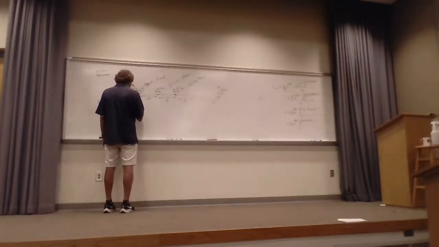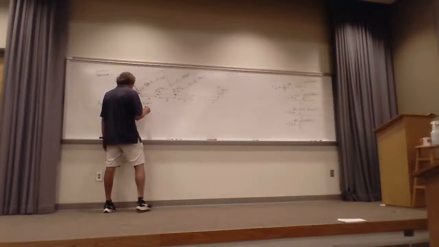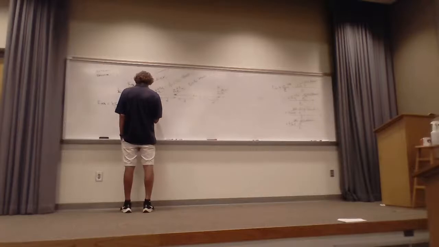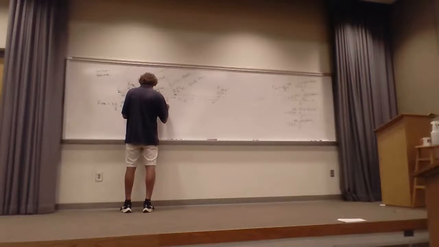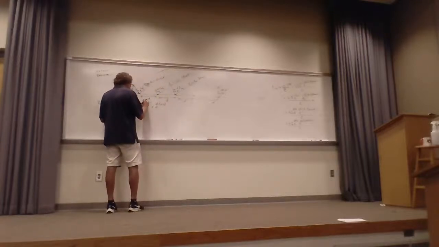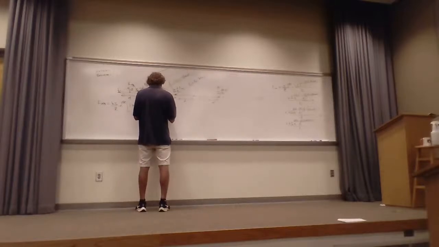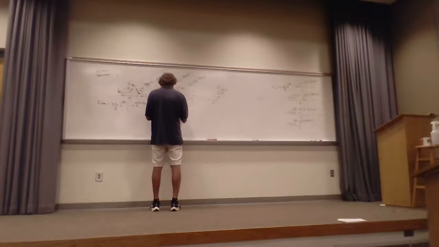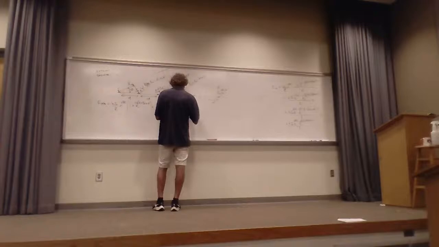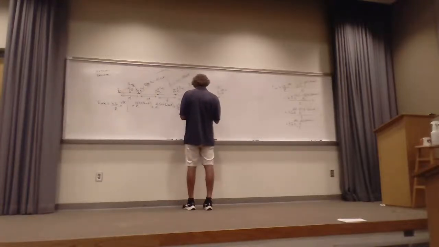So it's going to be e to the plus j alpha plus beta d cosine of phi, plus e to the j2 times alpha plus beta d cosine of phi, plus e to the j3 alpha plus beta d cosine of phi, plus dot dot dot, plus e to the j n times alpha plus beta d cosine of phi.